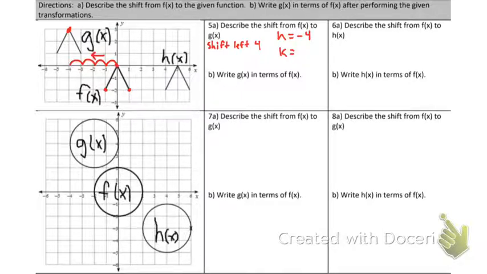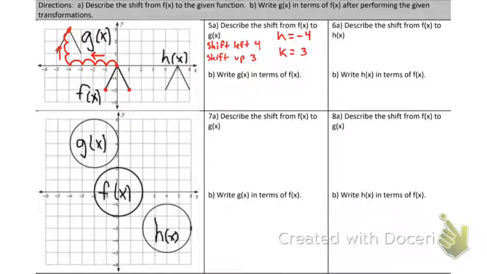Once we shift left 4, do we have to shift up or down to get to my final destination? The answer is we're going to shift up. We're shifting up 3, and it's positive because we're going up, so that's going to be a k value of positive 3.